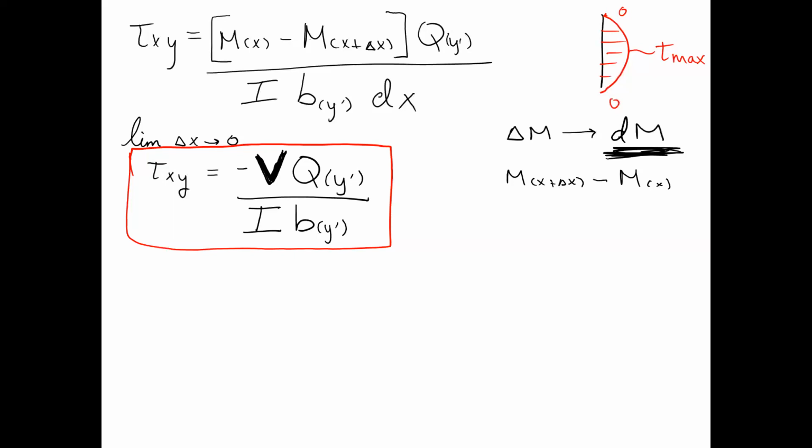Otherwise, it's one constant value. It also gives you the value of Q, a geometric property you can calculate based on the height you're interested in. And I is a cross-sectional constant. So three of these terms are geometry-based. The fourth is from statics, getting your shear from the shear diagram.